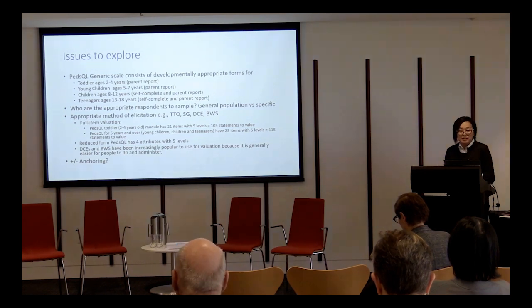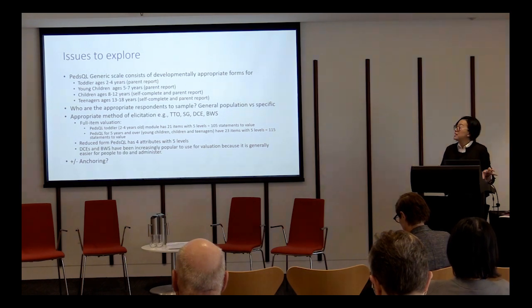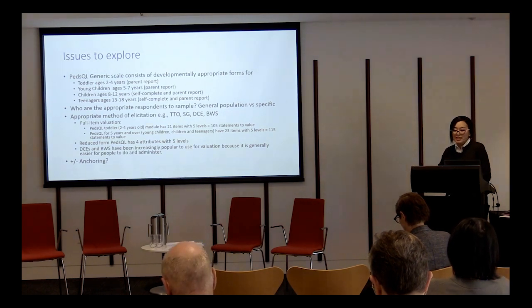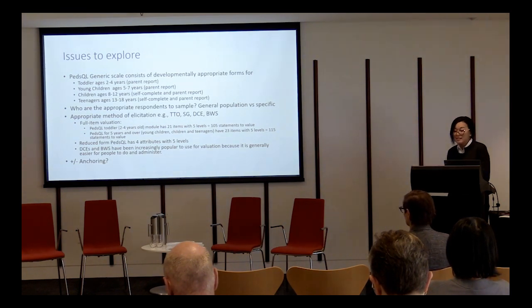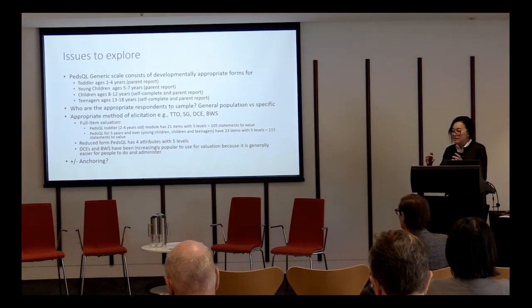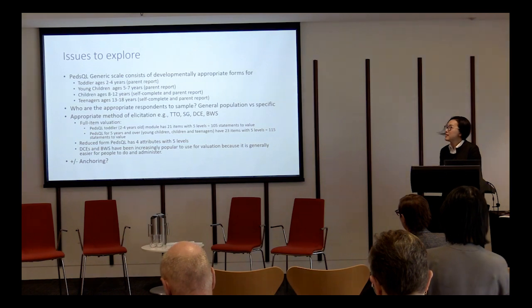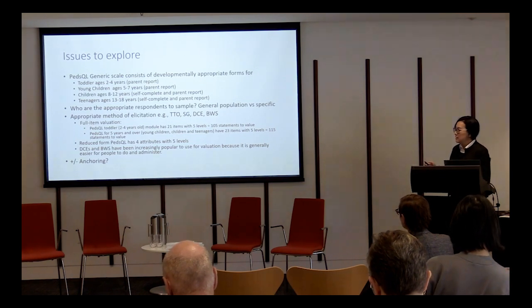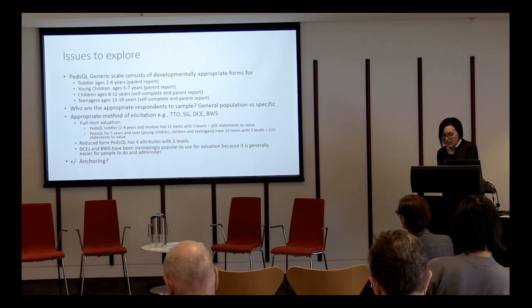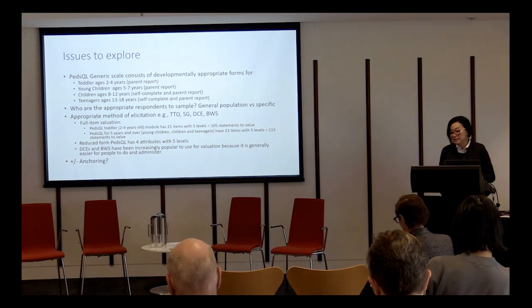Within that there are different versions: parent-reported versions for the toddlers and young children, and for children and teenagers a self-complete version and a parent-report version. They differ slightly in the wording, but they essentially describe the same constructs and items, except the toddler one has slightly fewer items.